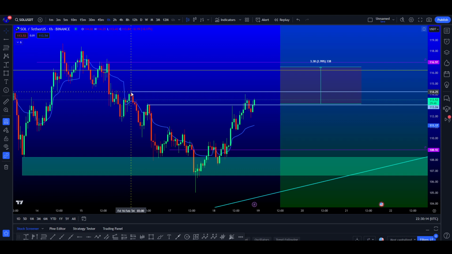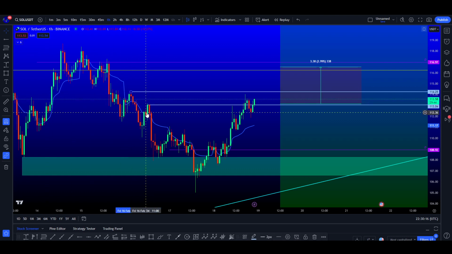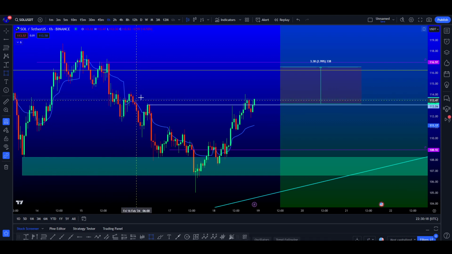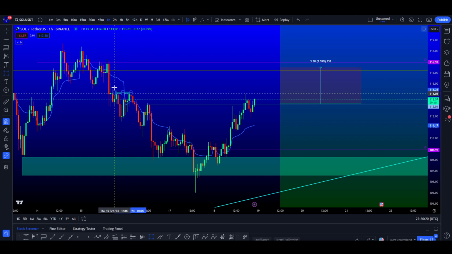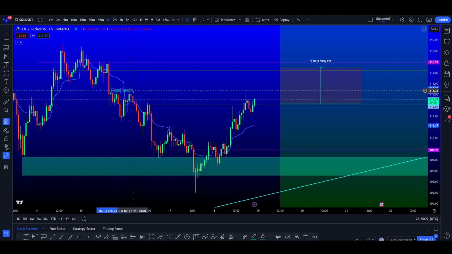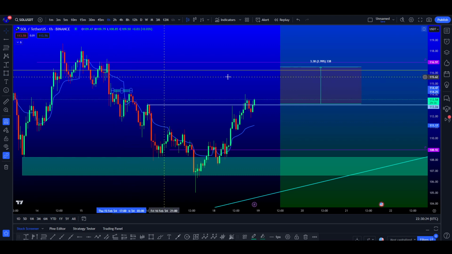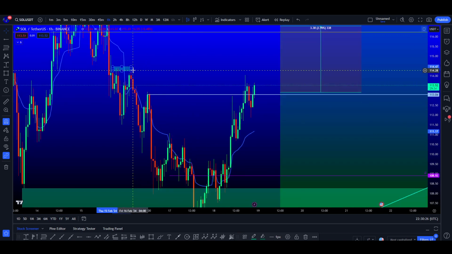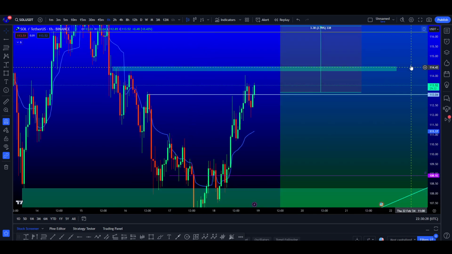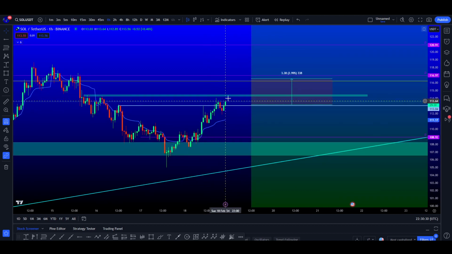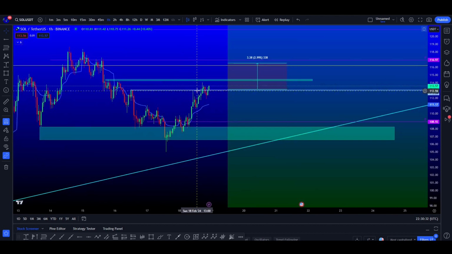This is also resistance here. And for this, I'd rather just use a box, right? These are just areas I would not be interested in trading.